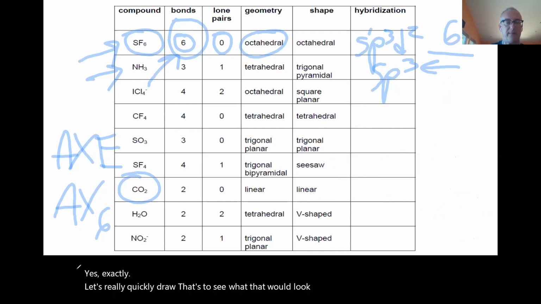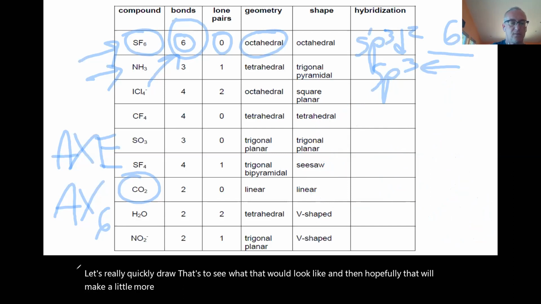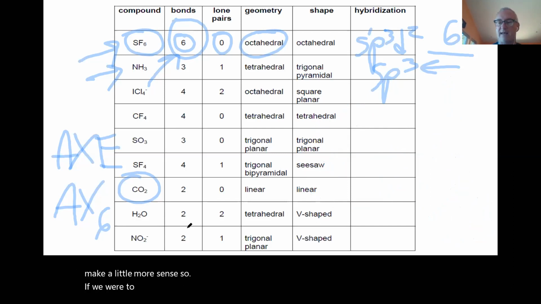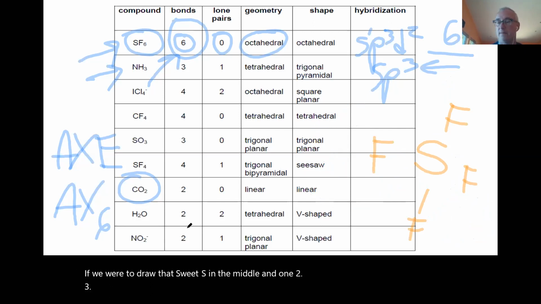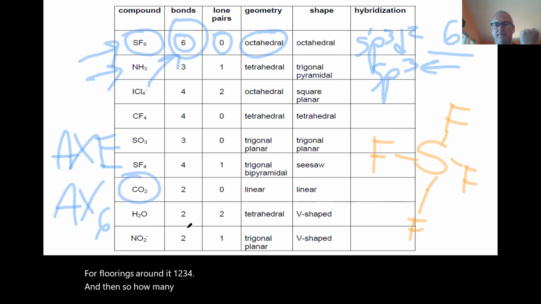We'd have S in the middle and 4 fluorines around it. How many valence electrons does sulfur have? 6.